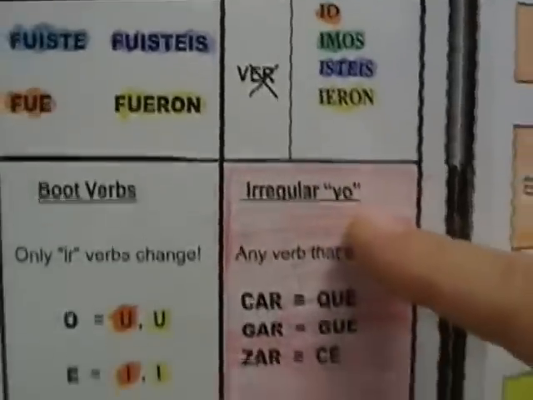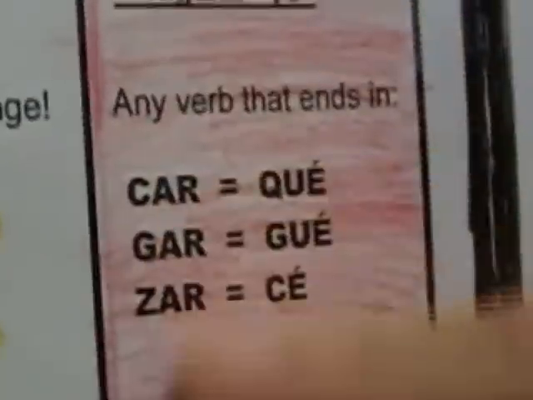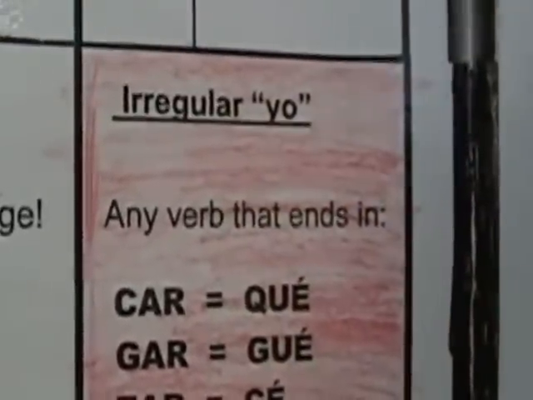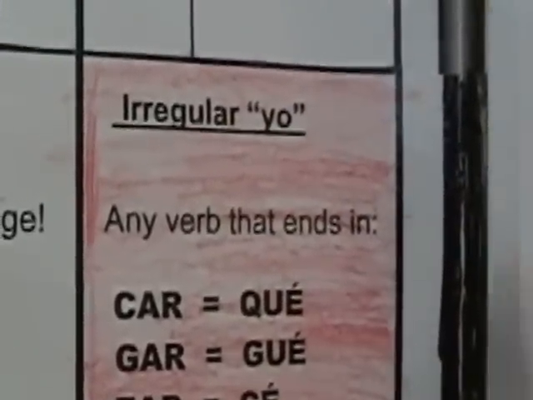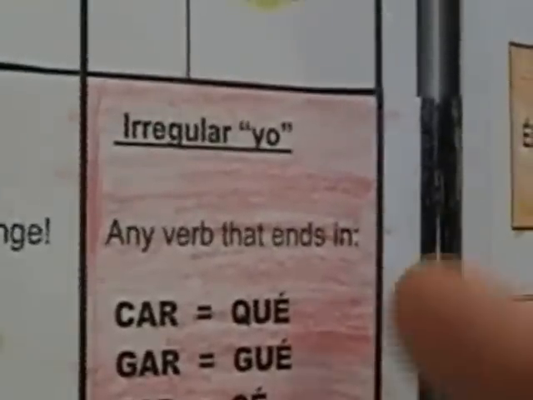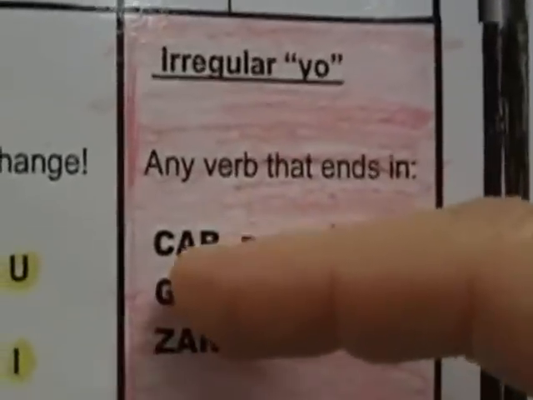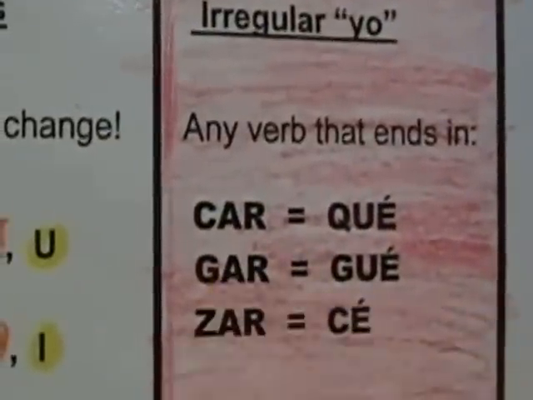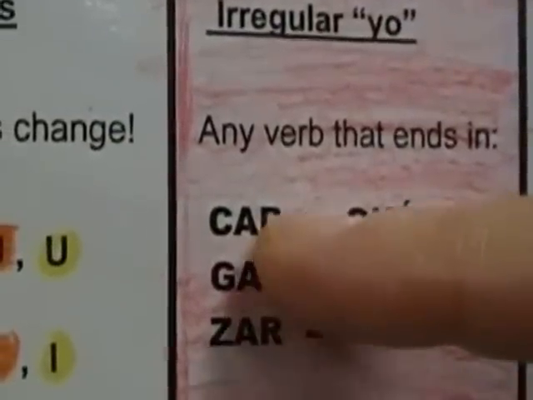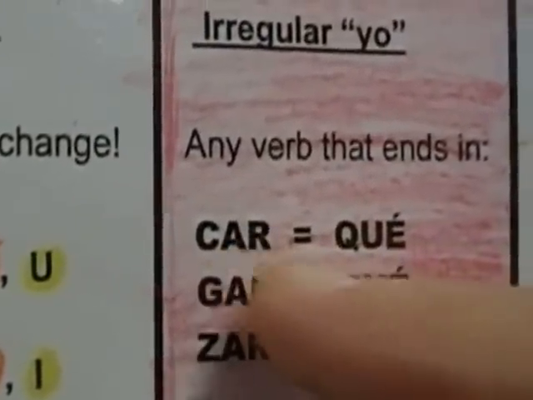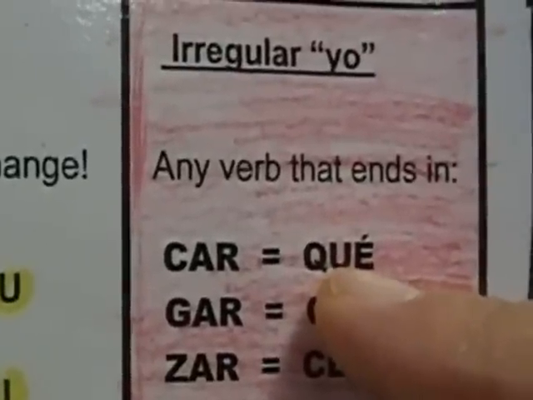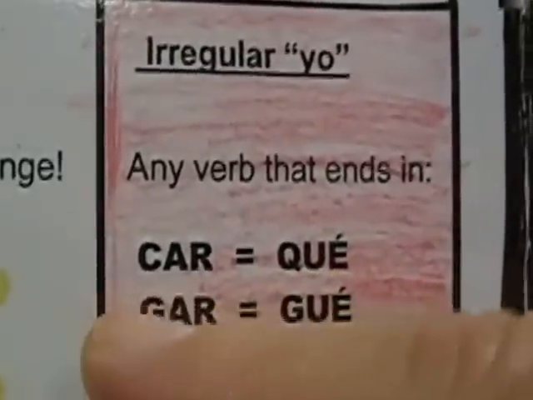On the irregular yo box, remember how we had irregular yos in the present tense, our yo-go verbs? Well, we also have some irregular yos in the Preterito, but it's only for the verbs that end in car, gar, or zar. For example, the verb tocar, in the yo form only, would be toqué with a QUE.